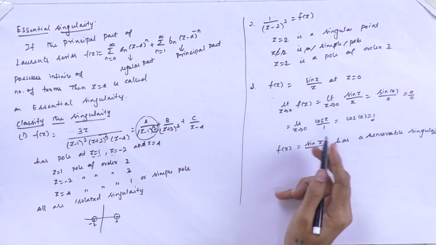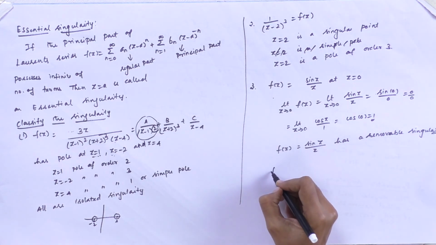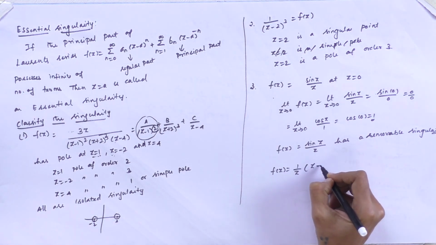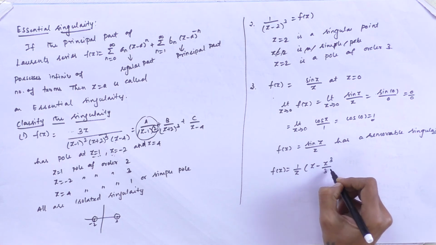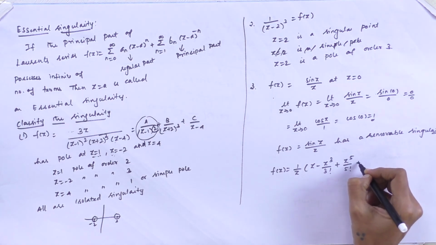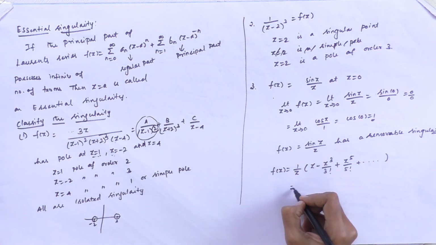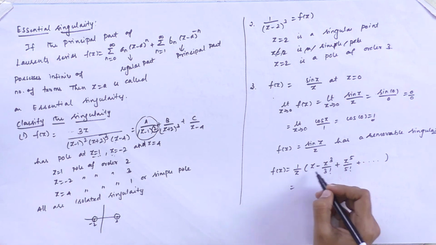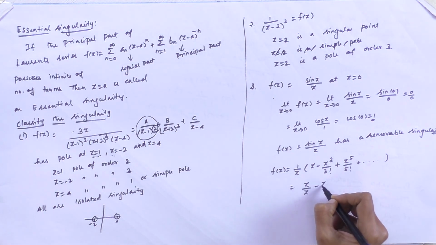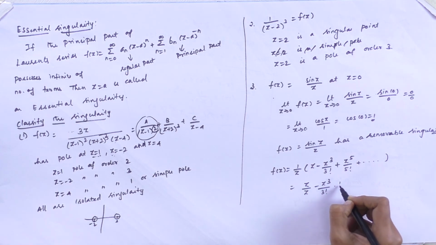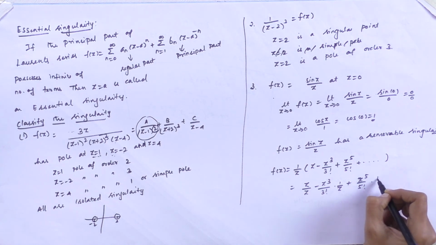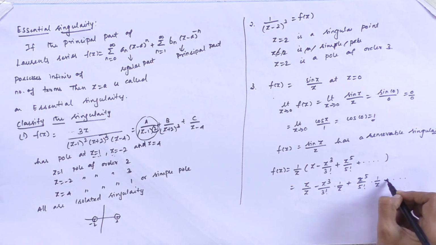and also one more proof I can give: f of z is equal to 1 by z times sin z, and sin z can be written as z minus z power 3 by 3 factorial plus z power 5 by 5 factorial plus etcetera. So when we multiply 1 by z inside this series, we get z divided by z minus z cube by 3 factorial into 1 by z plus z power 5 by 5 factorial into 1 by z plus etcetera.